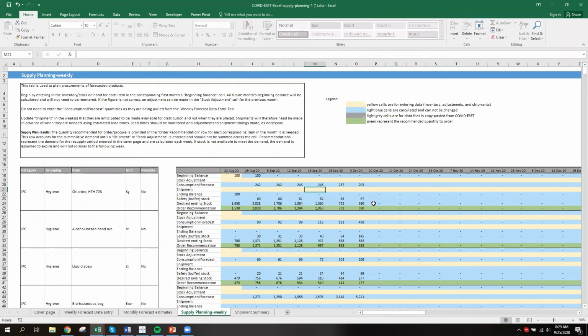So here I've got 3,000 units of this coming in, then I don't really need anything else. My recommendations go down to 0. You just need to make sure that the lines under shipment and under order recommendations represent when they're available. So if I have 3,000 anticipated here, it probably means that I've ordered it way in advance than September 19th. I've accounted for the lead time.